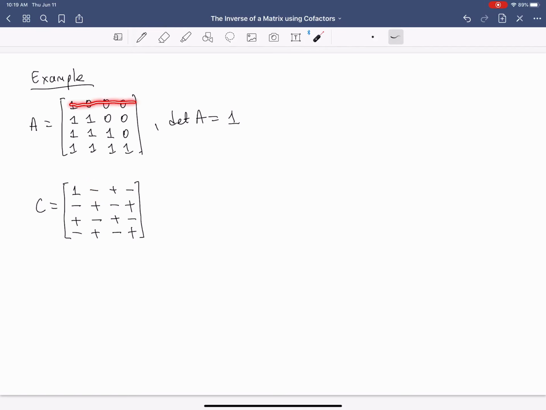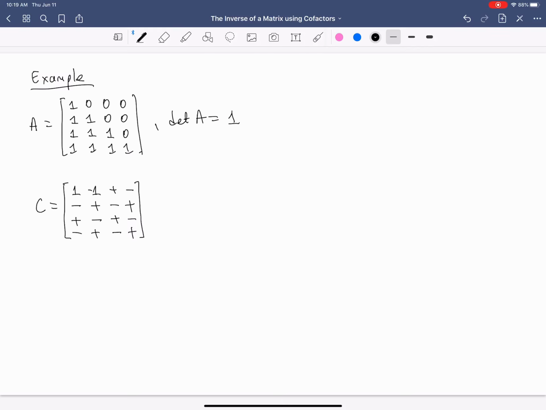I remove that row and that column. I see again I have that same matrix. That's again going to be a lower triangular matrix with determinant equal to 1. But because of that minus, I need to put a negative 1. So negative 1.